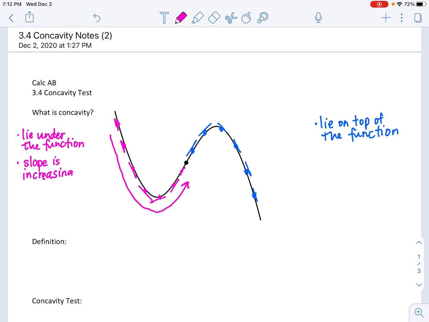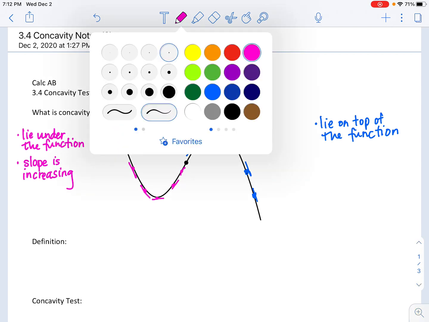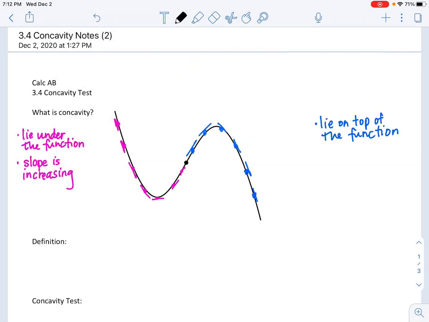They start off very negative at the left end of the graph, and then they move until they finally hit 0 at the minimum, and then they get more and more positive, until they reach this point here in the middle.